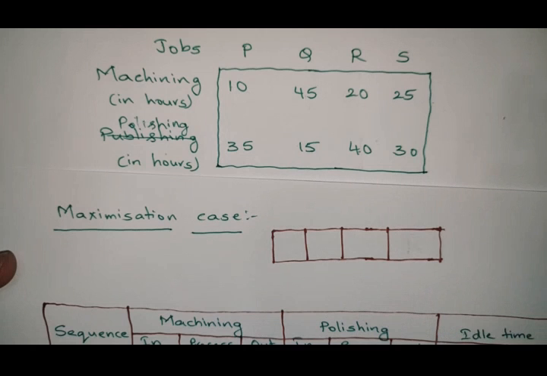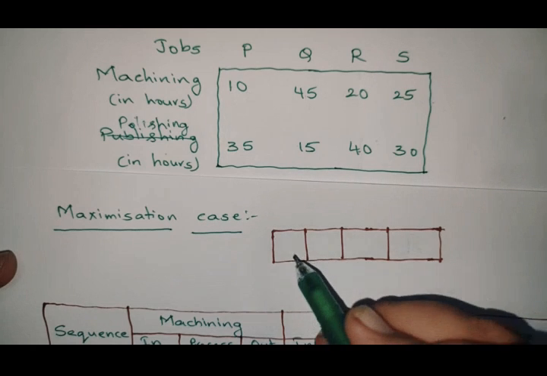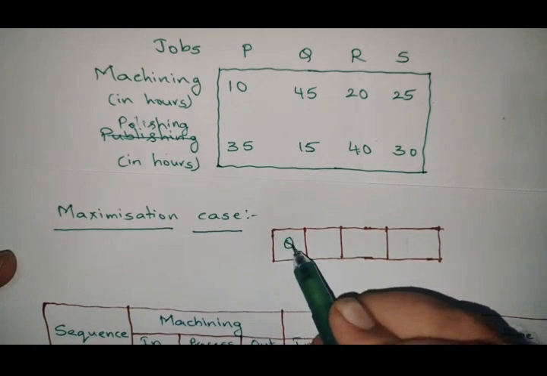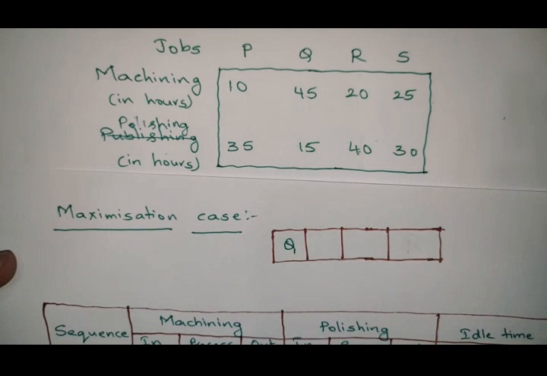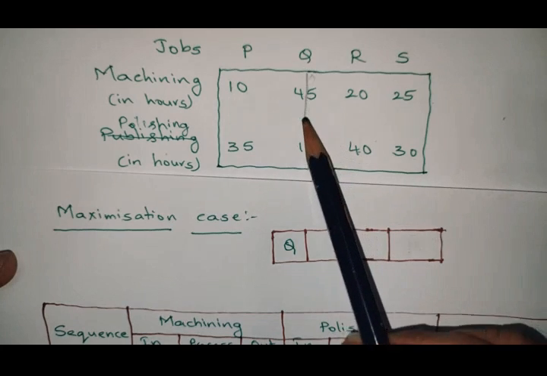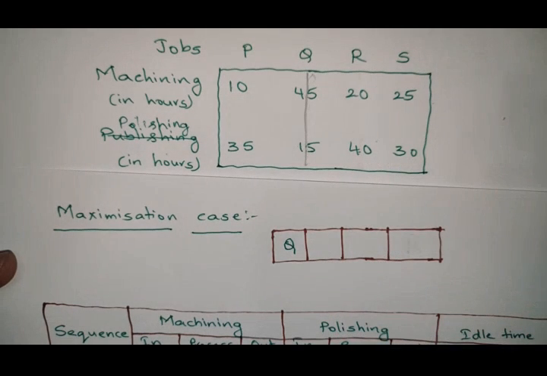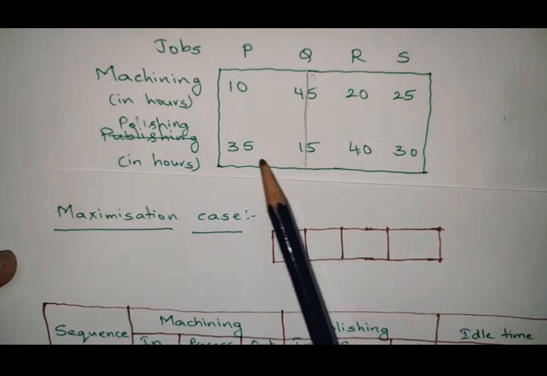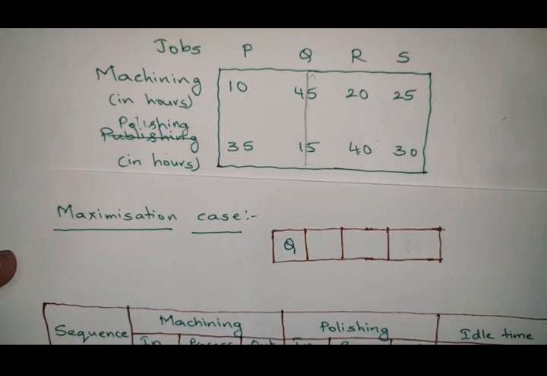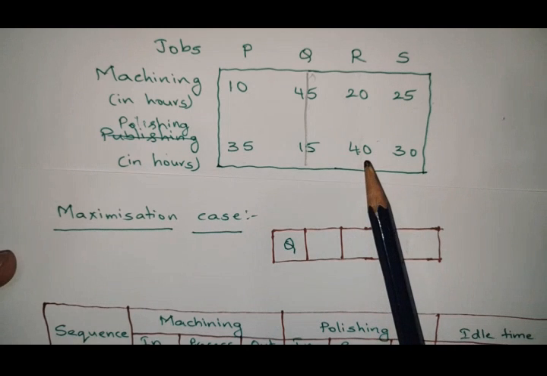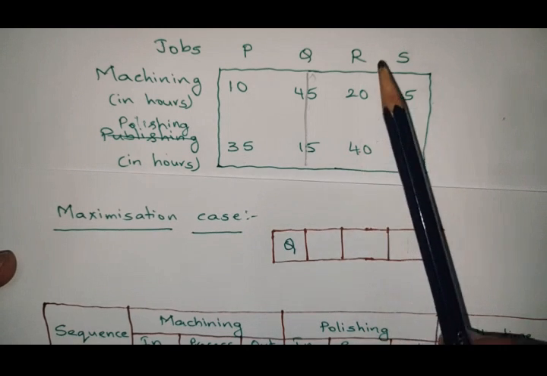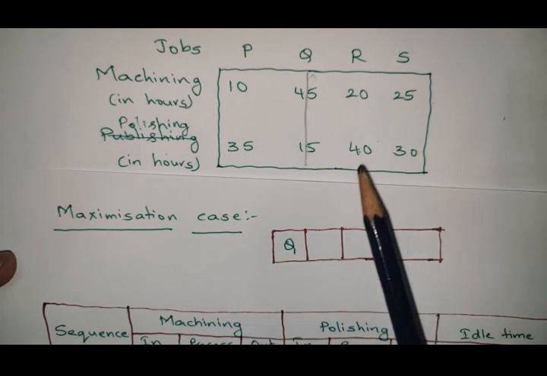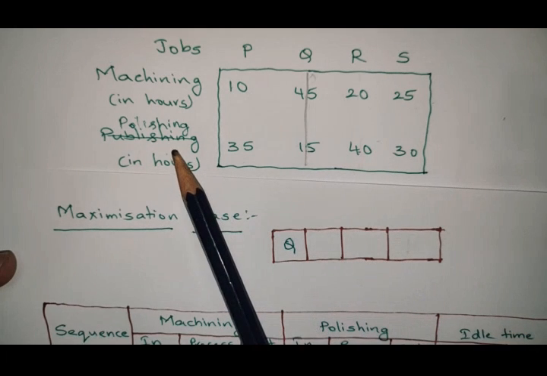So now I am writing Q on the left side of the table and then striking off the Q values. Next, among the remaining 6 values 10, 20, 25, 35, 40 and 30, the maximum value is 40, corresponding to job R, and it is on the second process, polishing.